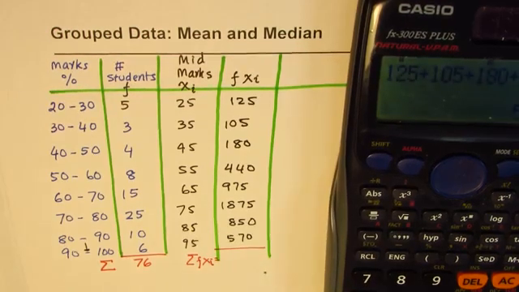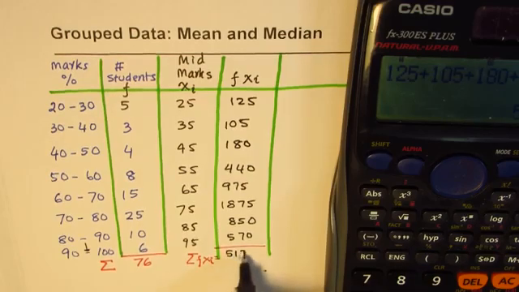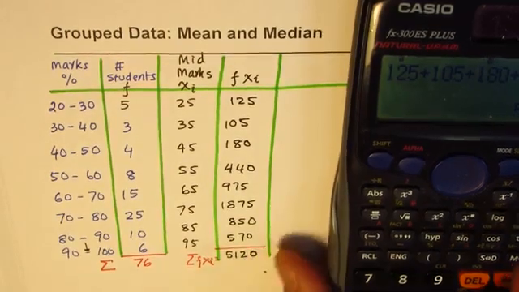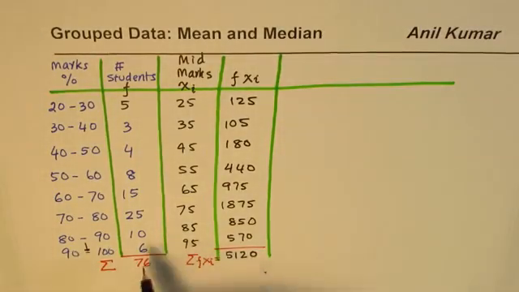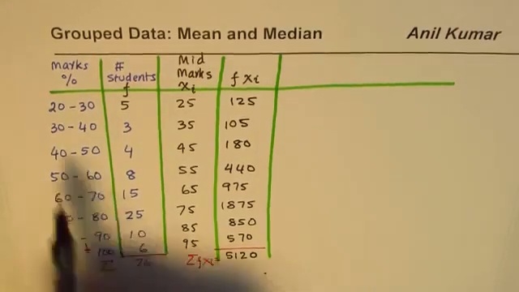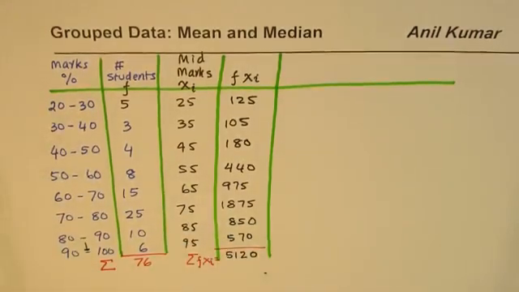Adding all these numbers, we get a total of 5120. So now we know the total number of students and the total number of marks. This is an approximate value since we are not taking the exact marks obtained by each student.